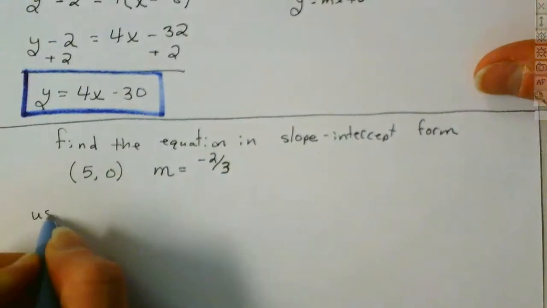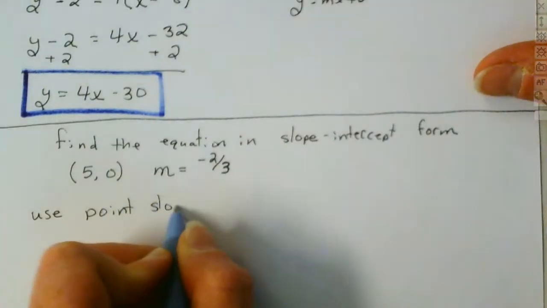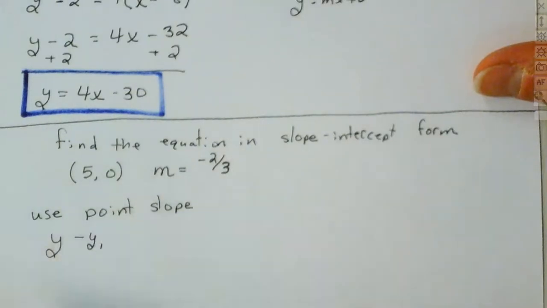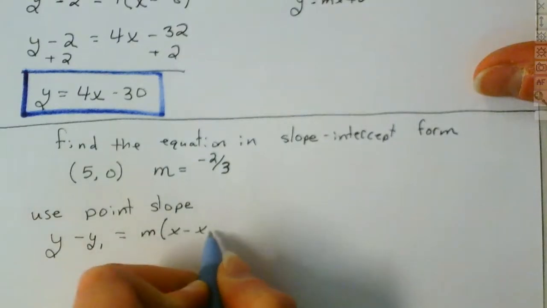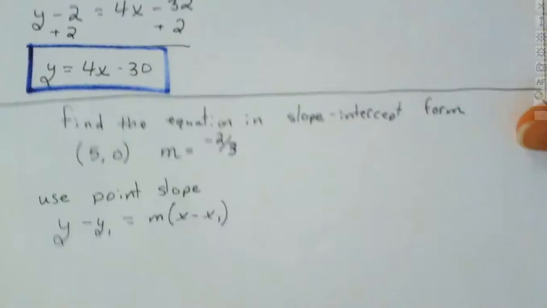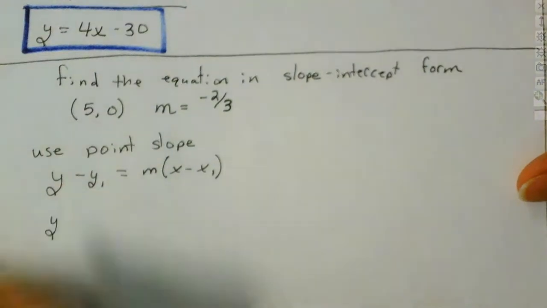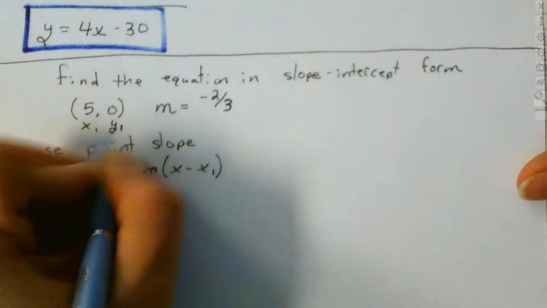You just use the point slope formula, which is y minus y1 equals m times x minus x1. And I always like to write it down so I have that formula, so I can visually see how it all goes together. So transferring our numbers, this is x1, this is y1.